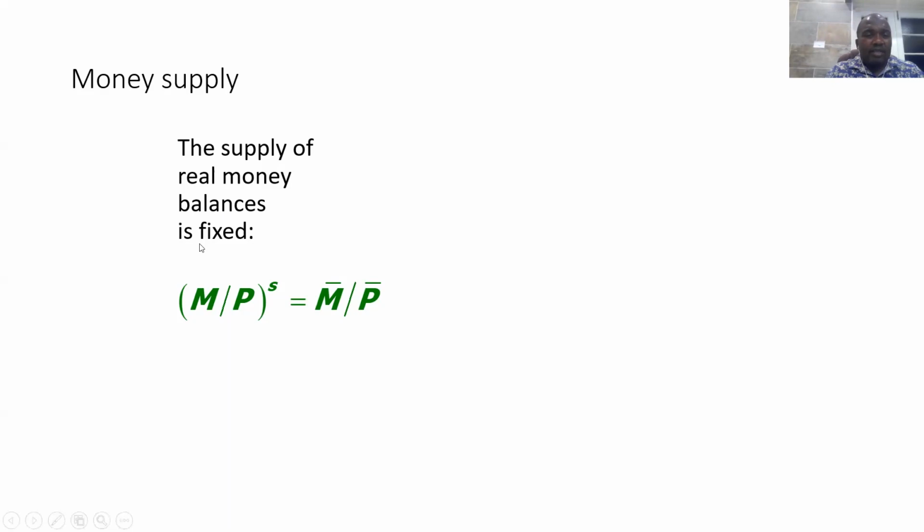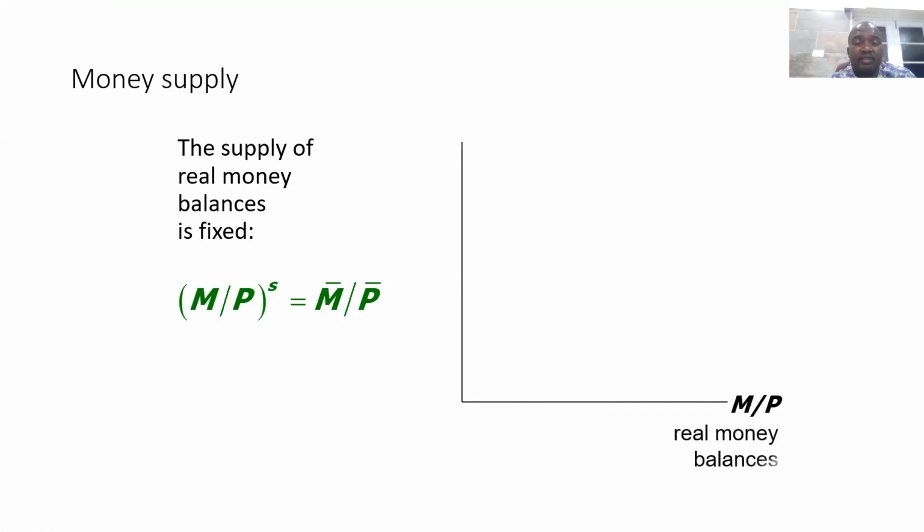So our real money balances which are supplied is simply nominal money supply divided by any proxy of the general price level. S stands for supply. It's a superscript to show us that we are looking at a money supply function, which is equal to M with a flat bar on top to show that things are fixed, divided by P with a flat bar on top to show again that things are fixed there.